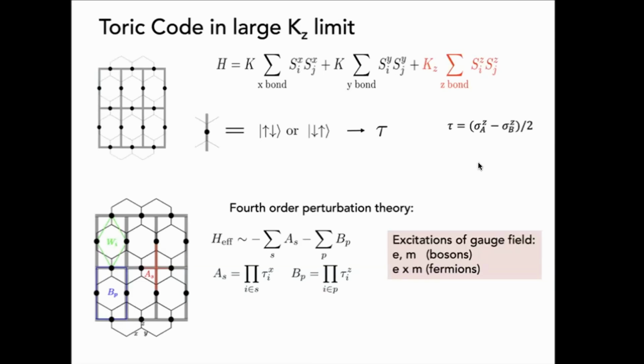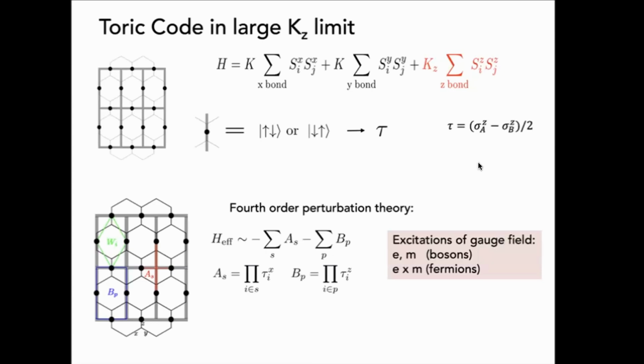Now, moving into the limit where only the gauge degrees are contributing. So I showed you how you can have only the matter degrees contributing. Let me now go into the toric code regime where only the gauge degrees are contributing.